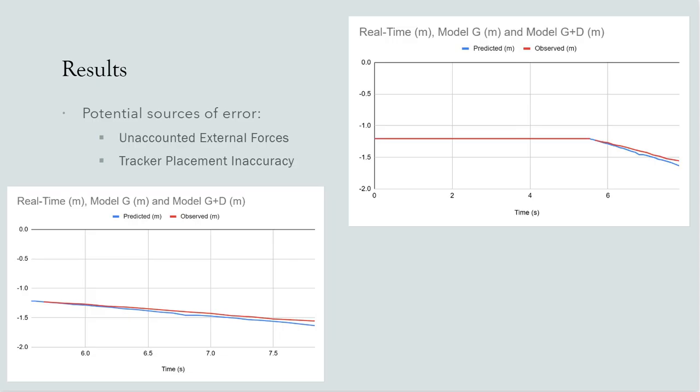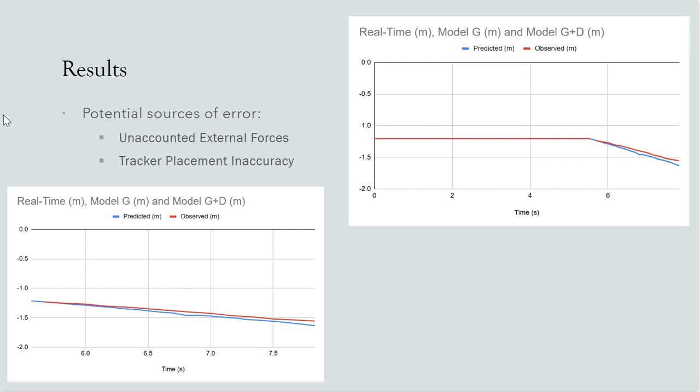So here are the results. You can see on the right here, the predicted and observed graphs of motion will have the same y position until 5.5 seconds, and then they will start to deviate. So we can see here more closely that the observed motion is slightly higher than the predicted motion's y value.